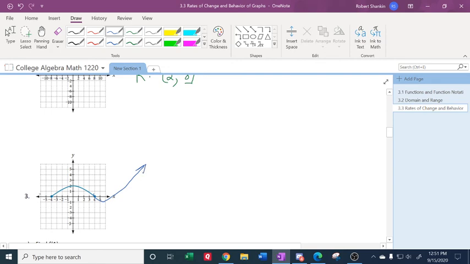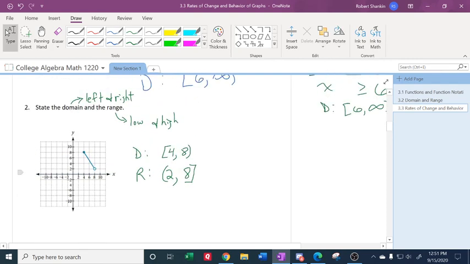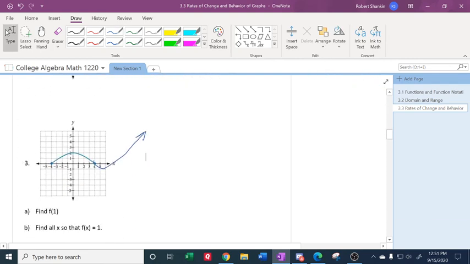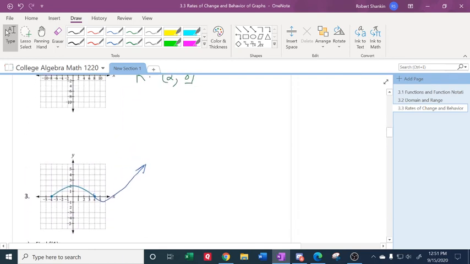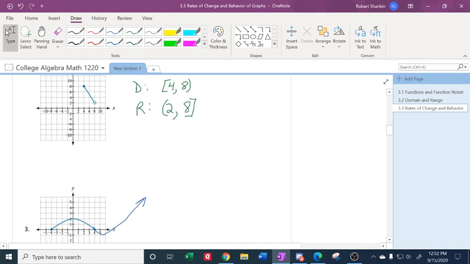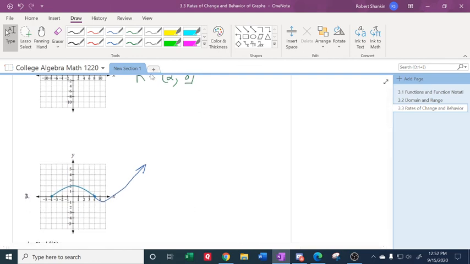So this is going to be the next problem. State the domain and the range. I have different directions for this, but let's just do this one without those directions. Let's do domain and range. So we get one where there's an arrow, because somebody made that point, that's a very good point.